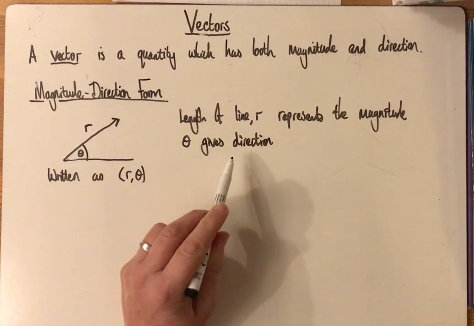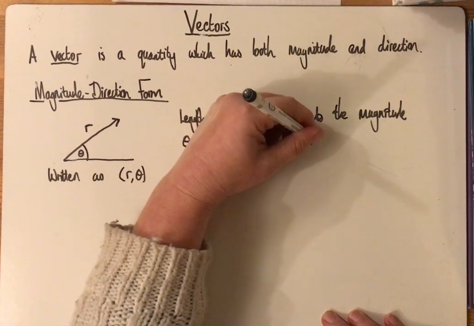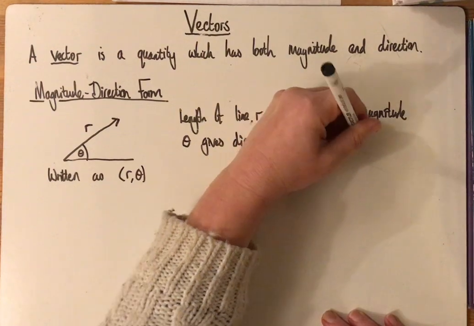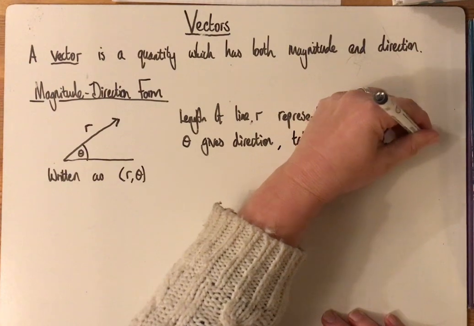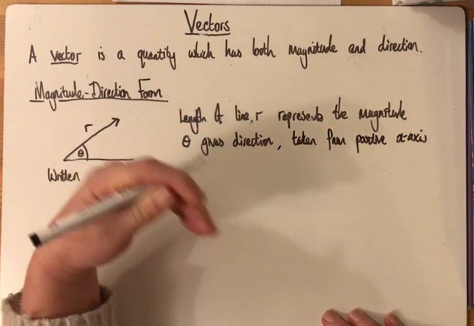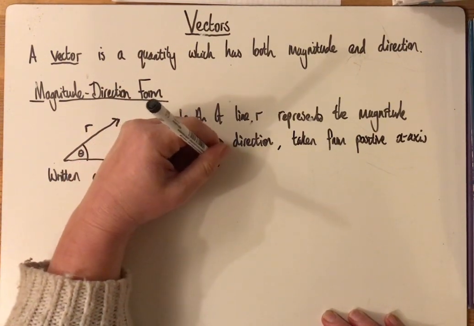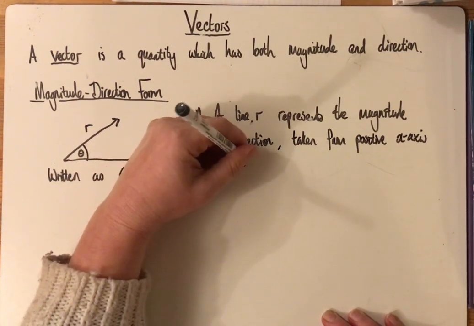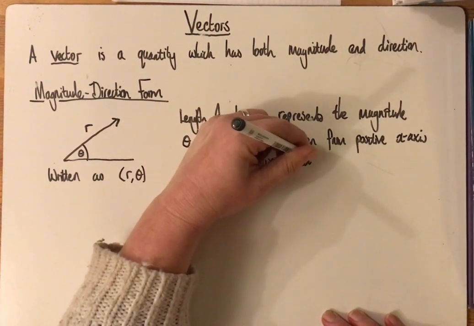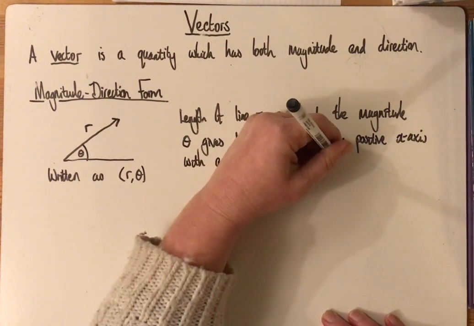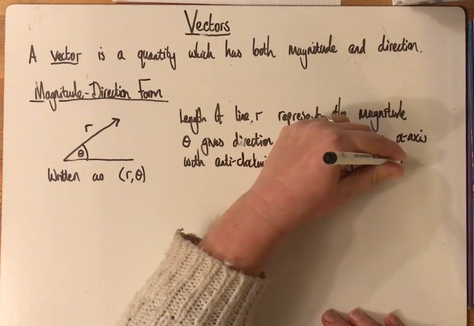Right, this theta giving the direction is taken from the positive x-axis, with the anti-clockwise direction being positive. People doing further maths, this is really similar to complex numbers.